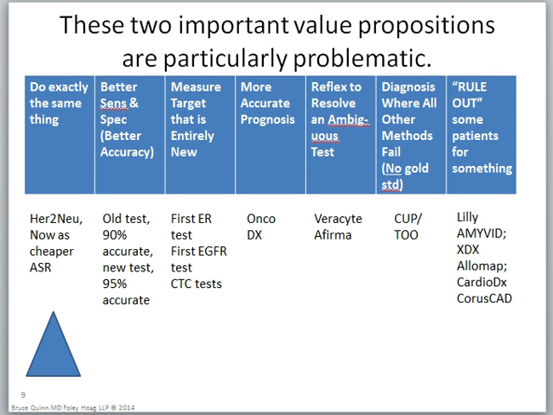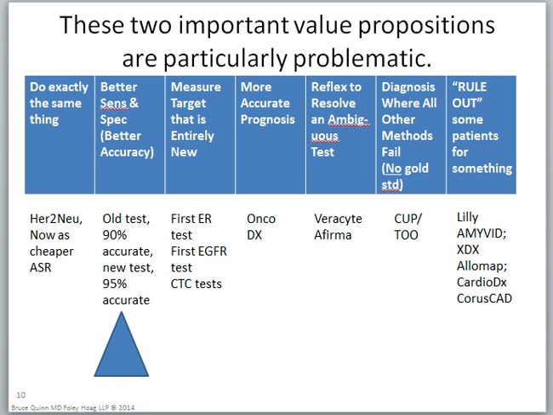To do exactly the same thing, let's say we have a test to measure HER2/neu, and now we have something that's cheaper. Or maybe it's an analyte-specific reagent that costs 1/3 as much as the FDA-approved kit. So if you're doing exactly the same thing, you have to establish that, and hopefully you're not doing it more expensively. So we'll probably ask, are you doing it faster or cheaper?